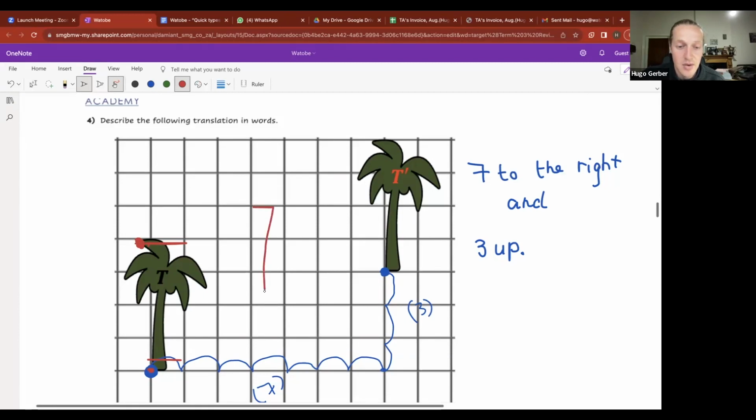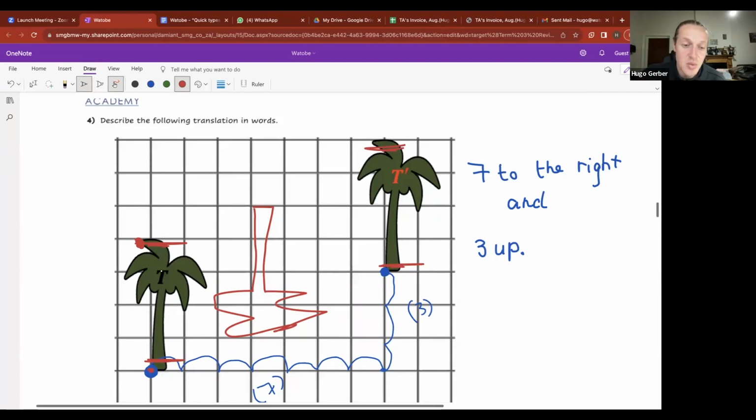It would have been facing down like this with the leaves here and the base up like that. That would have been a rotation of 180 degrees to be exact. But in this shape, the bottom is here and the leaves are there, and here we have the trunk at the bottom again and the leaves on top. So this shape was not rotated at all. It was only moved, translated.